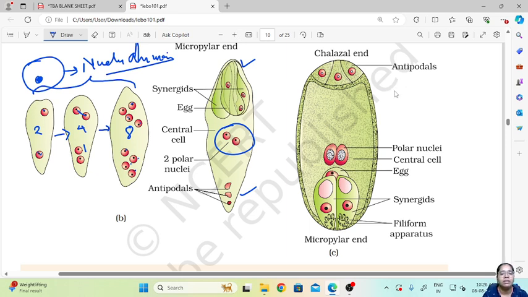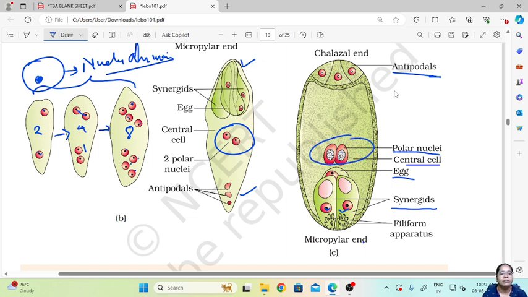That is, 3 nuclei will form 3 cells, 3 compartments, and this will form at the chalazal end, and these 3 cells are called the antipodal cells. Then at the micropylar end, the 3 cells which have come down, 2 cells will form the synergids, and 1 cell will form the egg cell, and the 2 nuclei in the center will form the polar nuclei.